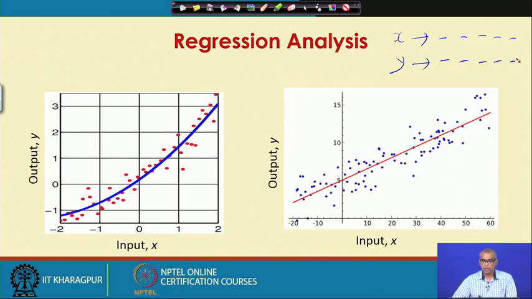Now, the relationship between input and output may be linear or it may be non-linear. If the instrument is linear, we are expected to get a linear relationship between input and output, and if the relationship is non-linear, we will get a non-linear behavior between output and input.